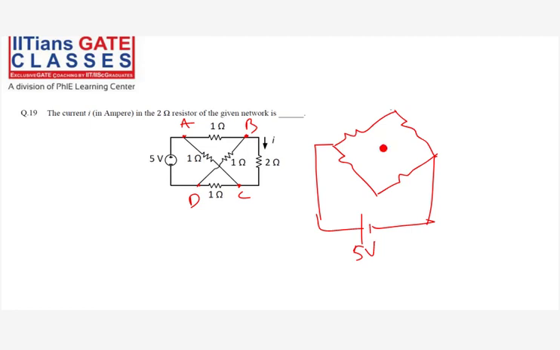Whenever you see a Wheatstone bridge, the first thing you have to do is check for the balance of the bridge. If the bridge is balanced, the current through the central limb is 0. So the answer is 0 in this case. Okay, is it clear?